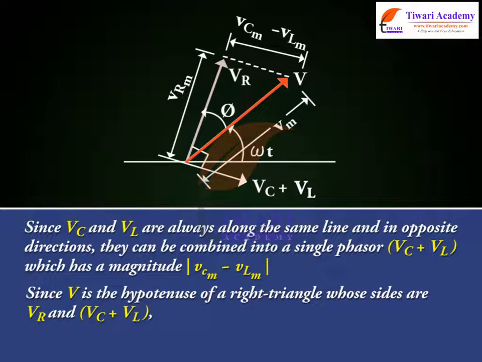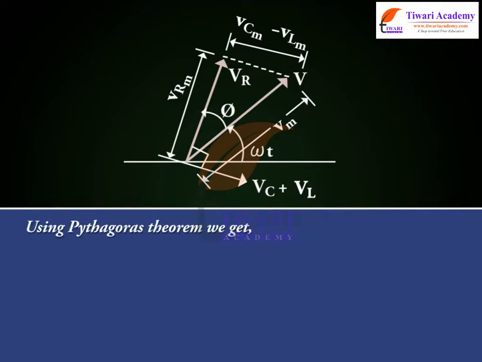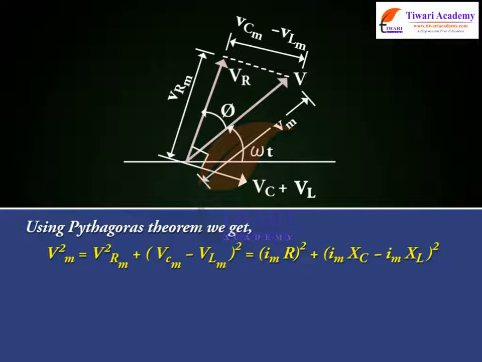Since V is the hypotenuse of a right triangle whose sides are VR and VC plus VL, using Pythagoras theorem we get Vm square equals VRM square plus (VCM minus VLM) whole square, which is equal to (Im R) whole square plus (Im XC minus Im XL) whole square.